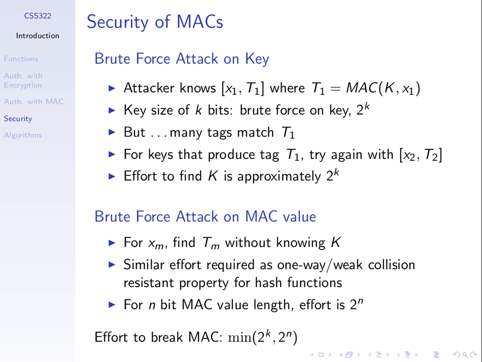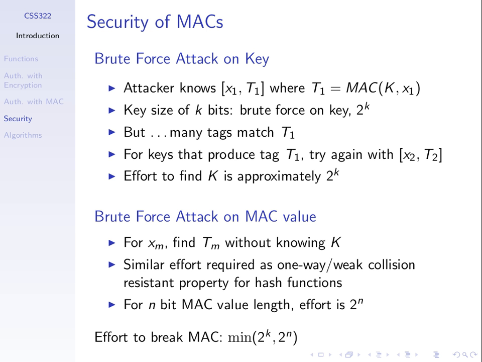What approach can the attacker take? A brute force attack. Try to find the key. If they find the key, then they have broken the system, because the key must be kept secret. How do you find the key? Try all possible keys.